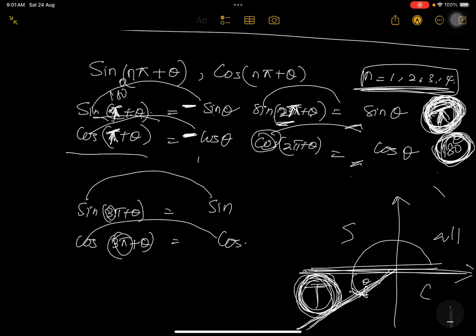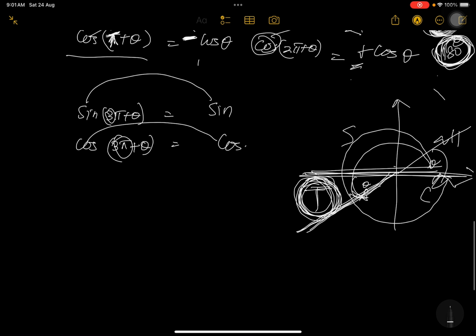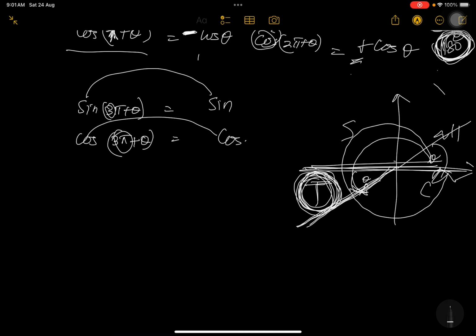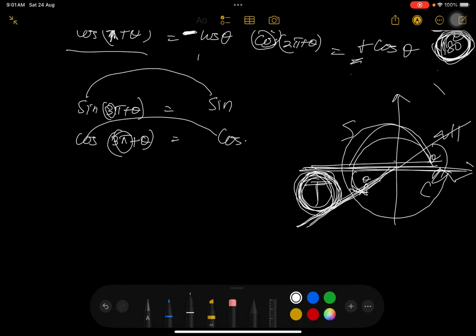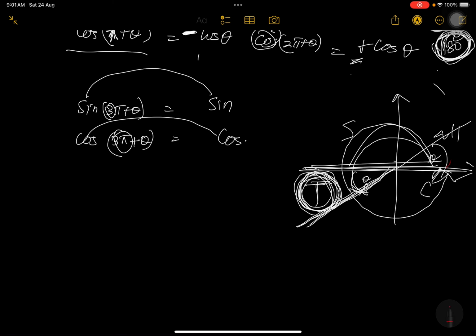Sin 2 pi plus theta means what? 2 pi is 180 into 2, 360 degree. 360 degree is the whole circle, right? Whole circle plus theta means it is the first quadrant of the circle. So every value is positive. 3 pi means what? I will explain it like this. 1 pi, 2 pi, 3 pi.